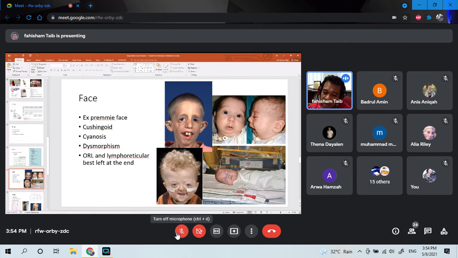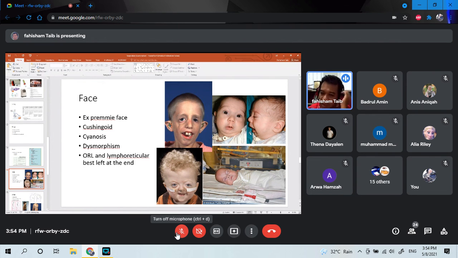For example, like this baby here, I show on the right bottom in a cot, and it looks scaphocephaly, okay? Scapho means elongated. This is a result of the baby having been in NICU for a long period of time, sleeping on one side like this.